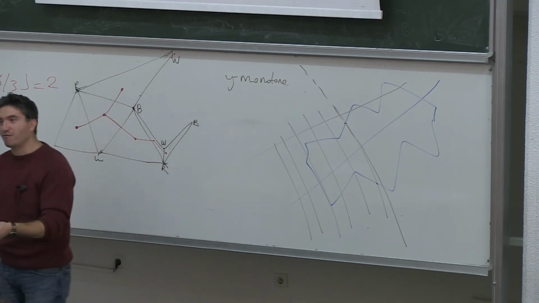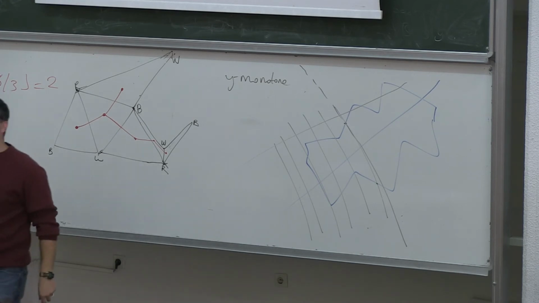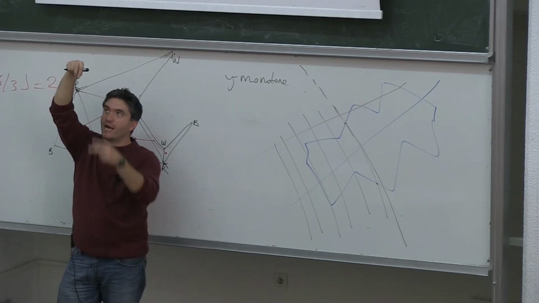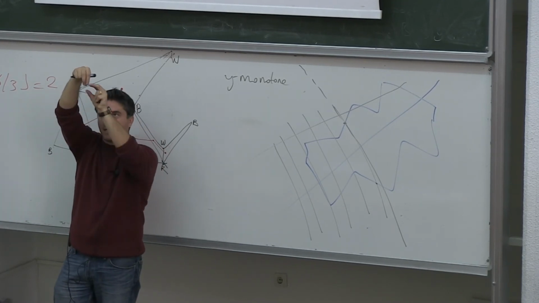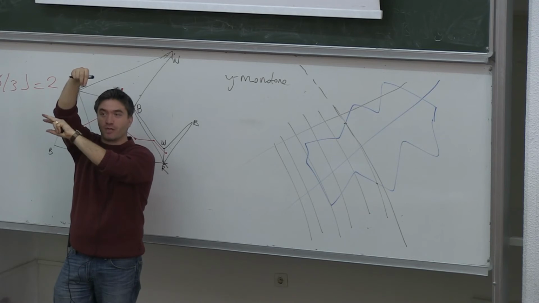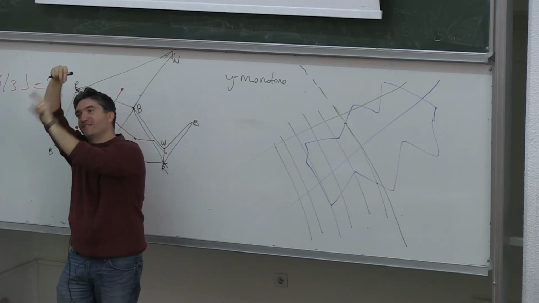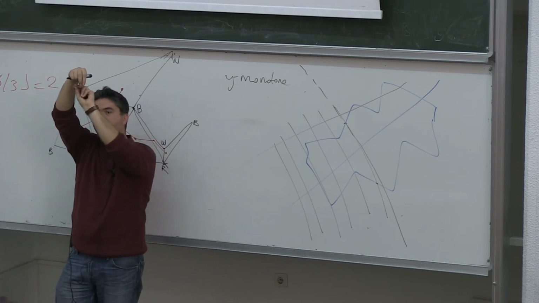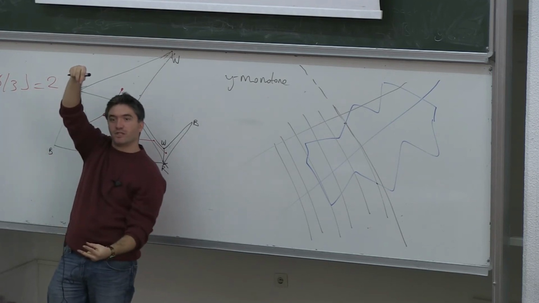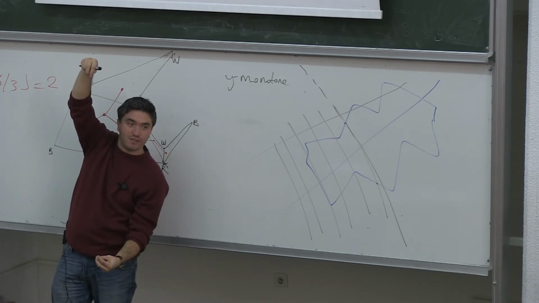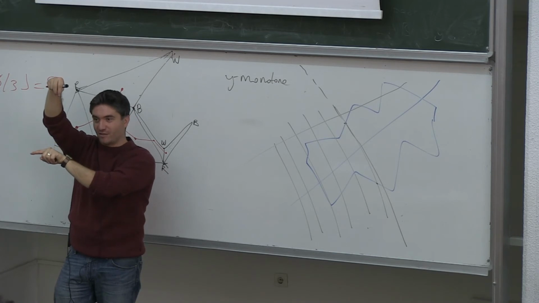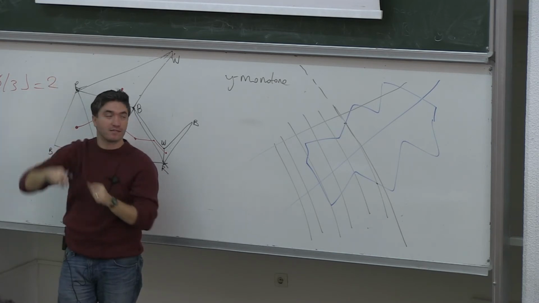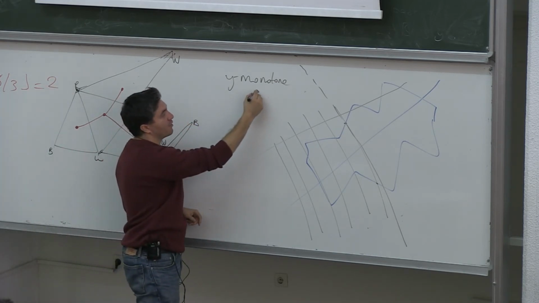Another property of Y-monotone polygons is that when you start from the top vertex, there are two chains, left and right chains. The top vertex has two incident edges, and you can say this one is the left side, this one is the right side. When you follow the vertices to the lowest vertex, during this traversal, you always go down or horizontal. You never go up.